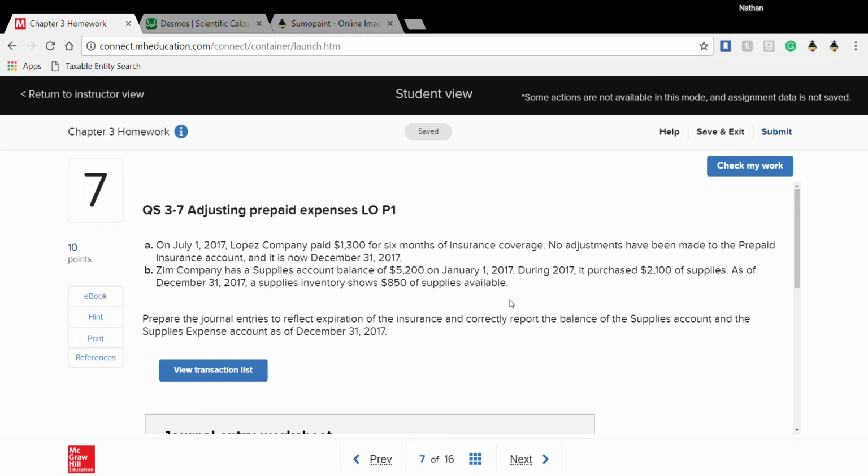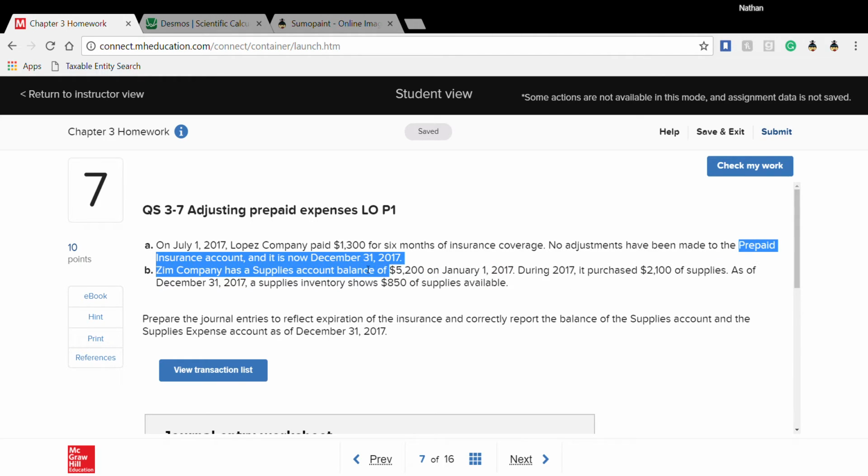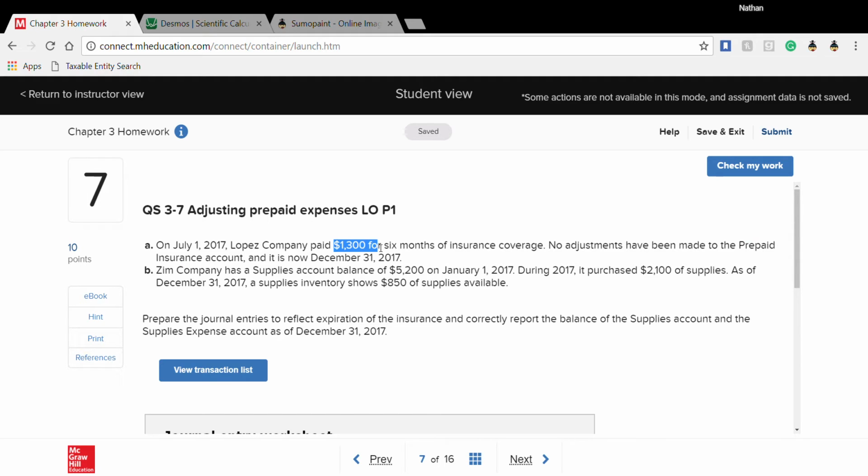We'll know we're dealing with the prepaid insurance account because it tells us prepaid insurance. But we should already know that because we have an amount that's during a period. So with that, let's take the dates and see if we have anything left over into next year. So we only have 6 months.